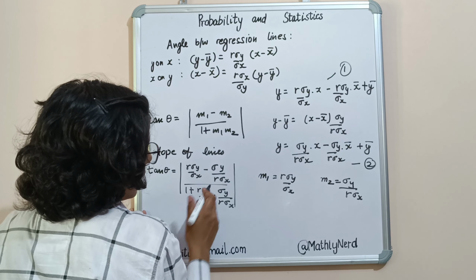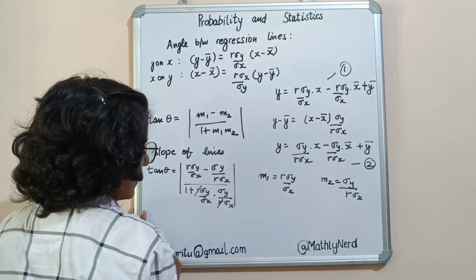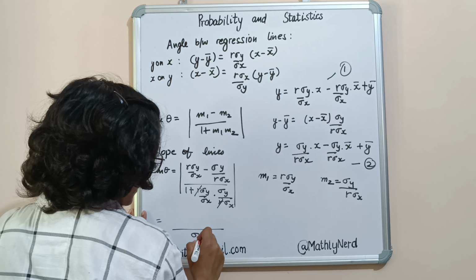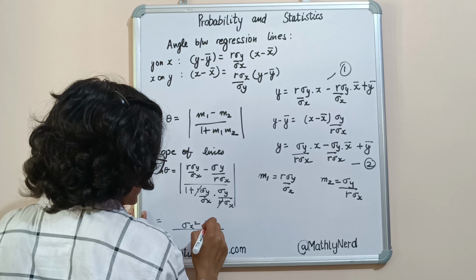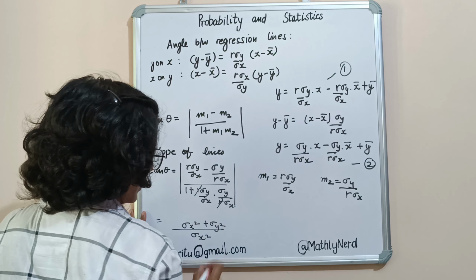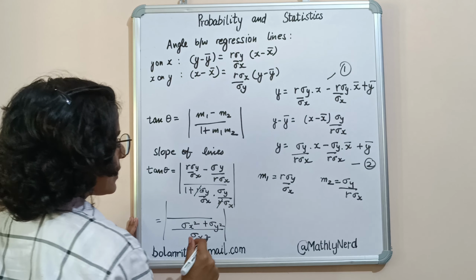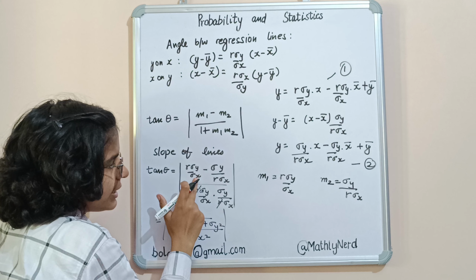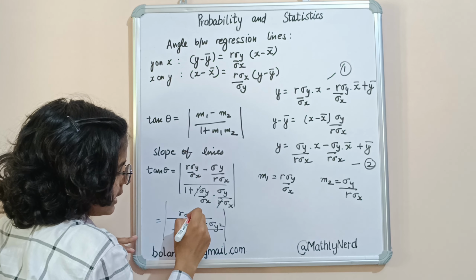If we multiply these two, r and r will cancel out and our denominator will be sigma x square plus sigma y square upon sigma x square, and our numerator will be, taking the LCM of these two, r sigma x.